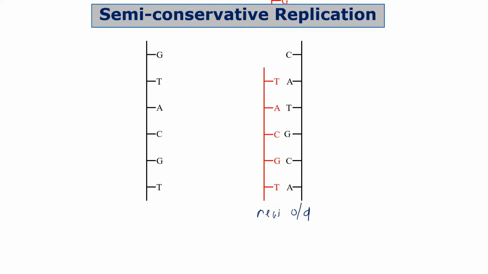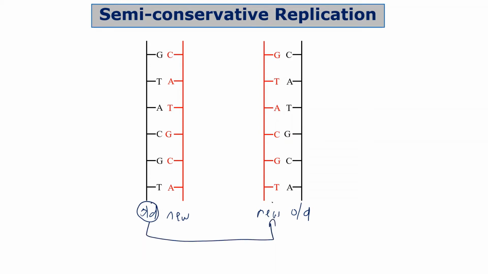A with T, G with C, and then let's do it again. This is old stuff. This is new stuff we're laying down. We're just base pairing: G with C, A with T, T with A, G with C, and we got it, right? At the end of the day, notice how this strand here looks exactly like that strand.